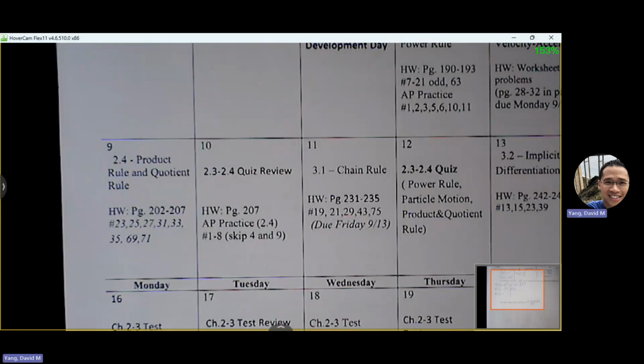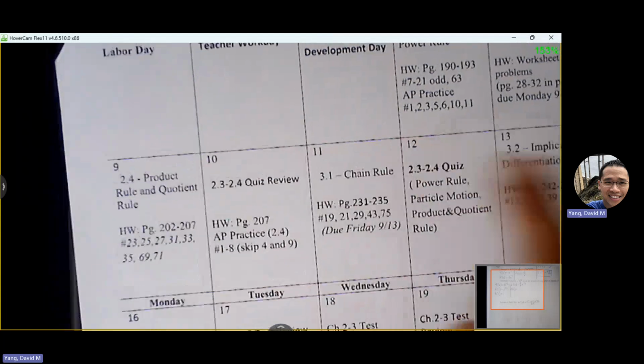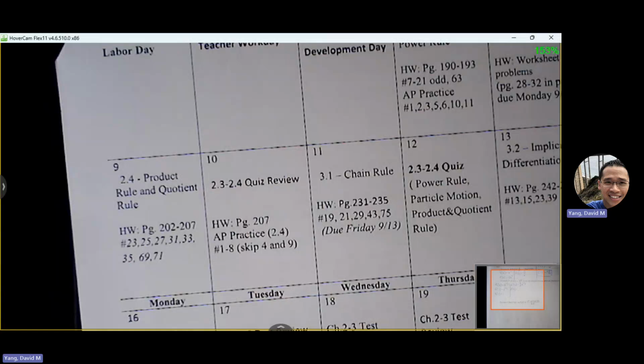If you flip over the next few pages, page 23, 24, those are your textbook problems in the AP practice. And I'll make sure the key is on the website so you guys can check your answers.